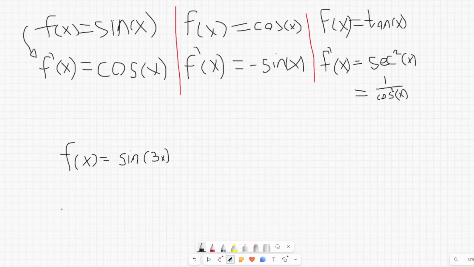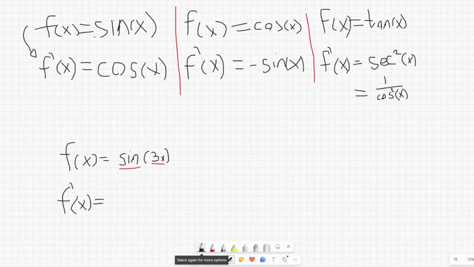Alright, so f prime of x is not just cos 3x, but look, we talked about the chain rule in the last video. So sine would be the outside function here. The inside function would be 3x, alright? So we have to apply the chain rule in this case. So first we do the derivative of the outside, and then we multiply by the derivative of the inside.